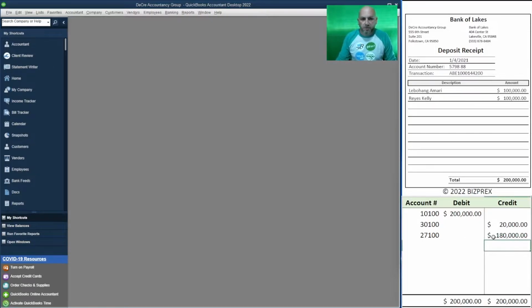So what happened here? All right, we know that the bank account is an asset, and assets go up when debited, right? So therefore it is debited right here, 200,000. We also know that capital stock is an equity account, and equity goes up when credited, right? And it did go up. What else? Well, part of it was equity, part of it was a loan from shareholders, right?